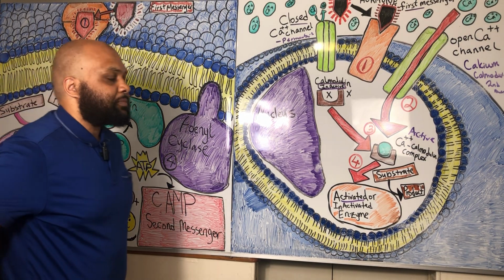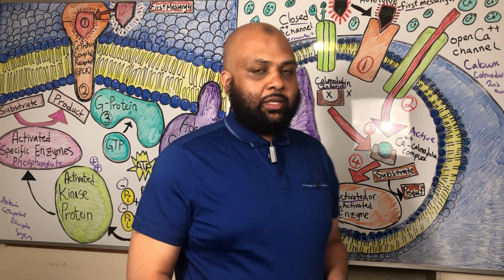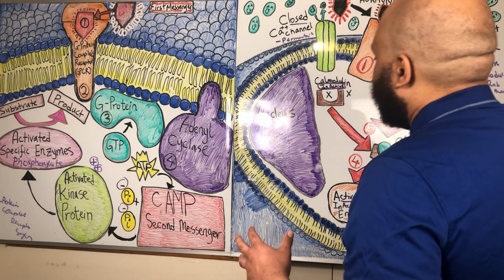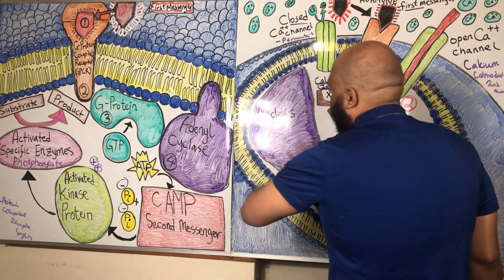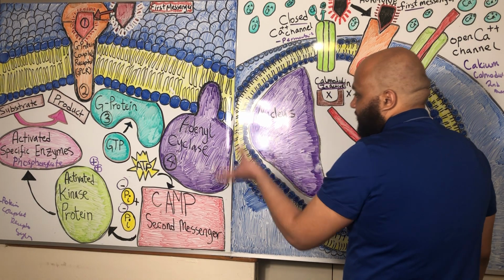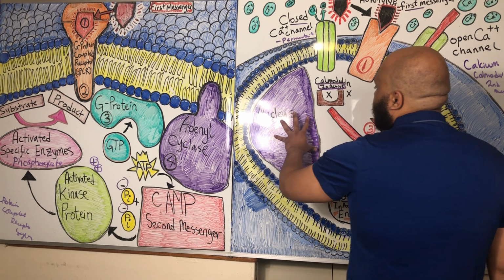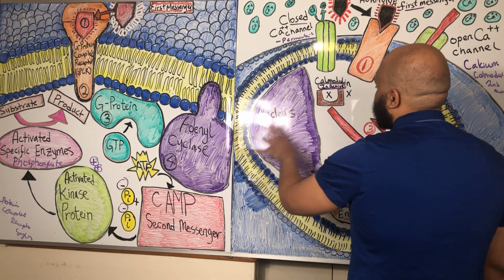This is very important. The last thing I want to leave you with is that in both, so the similarities, we talked about the differences. The similarities are that in both second messenger systems, the nucleus was unbothered, it was not touched.